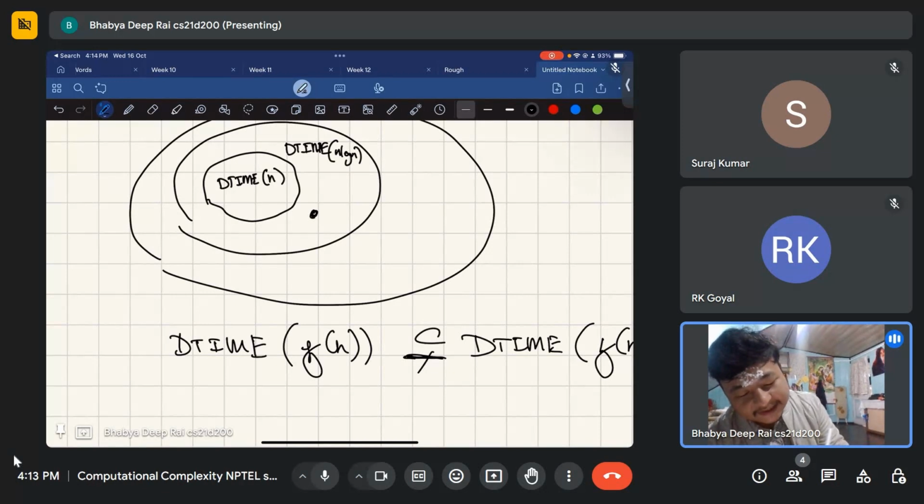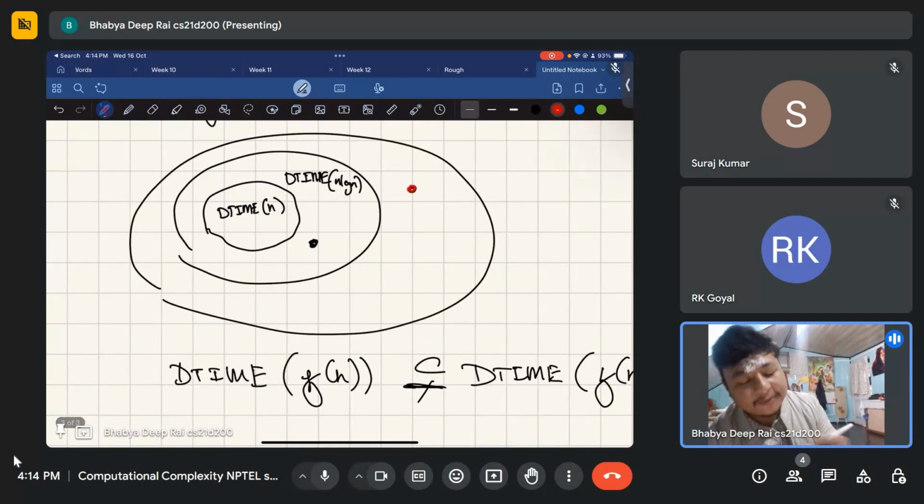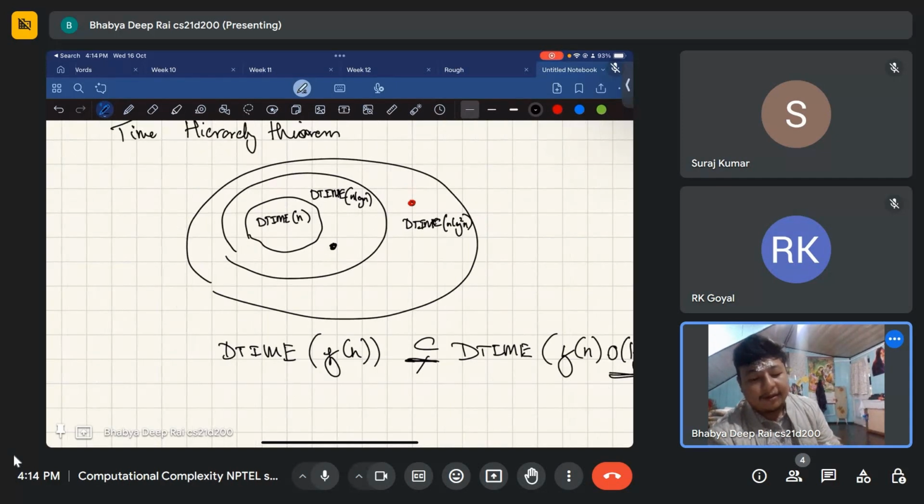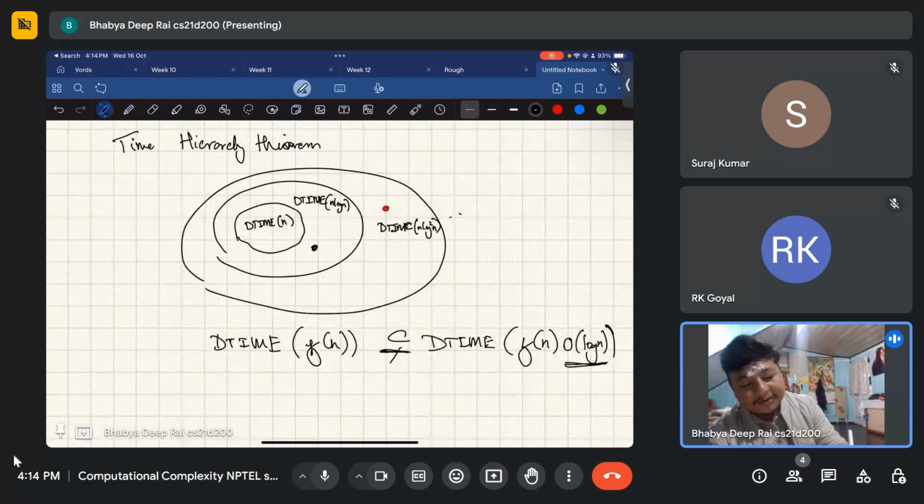And if this is DTIME of n log n, then there is strictly a problem that cannot be solved given n log n time, but it can be solved if you give me just DTIME of n log n times log n, which is n log squared n. Time, sorry, not space. And this goes on.